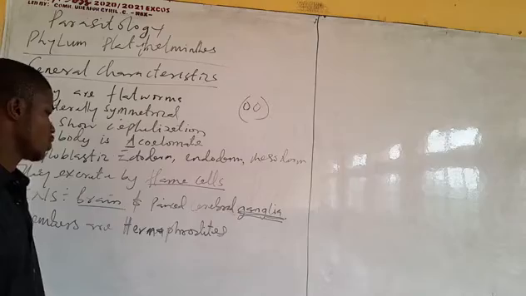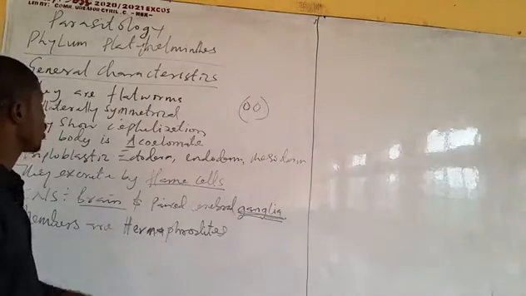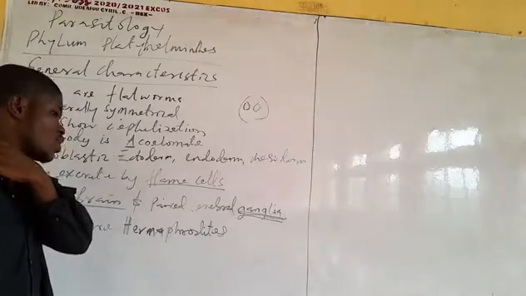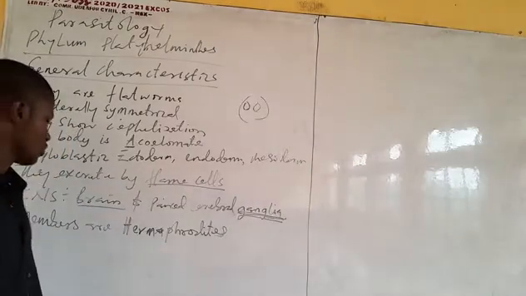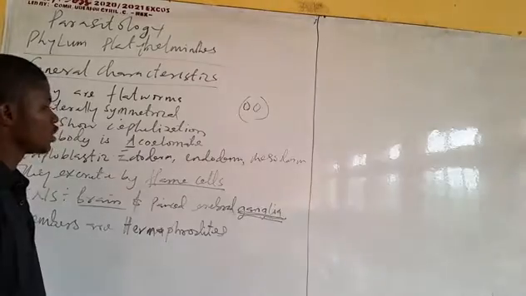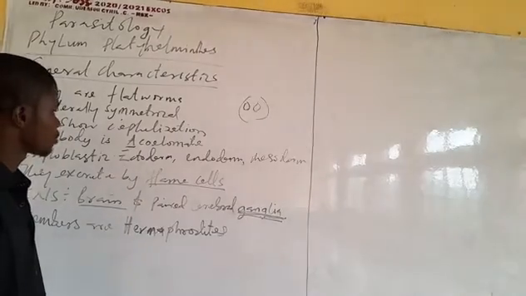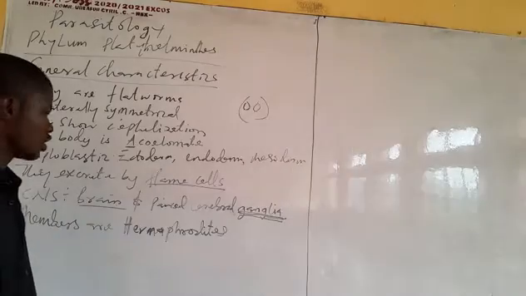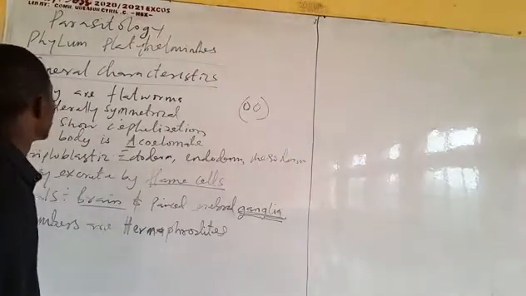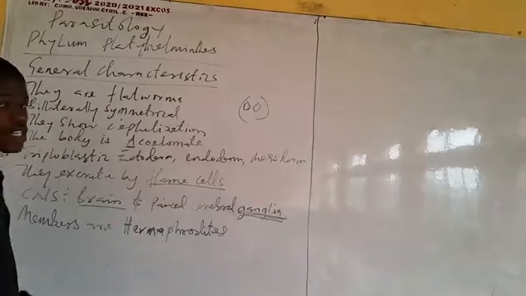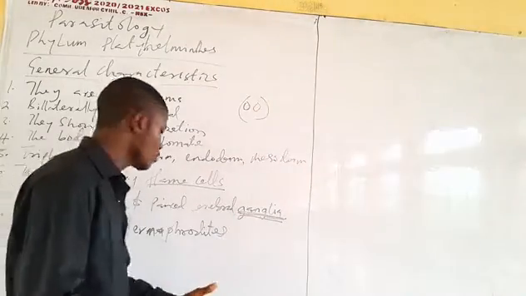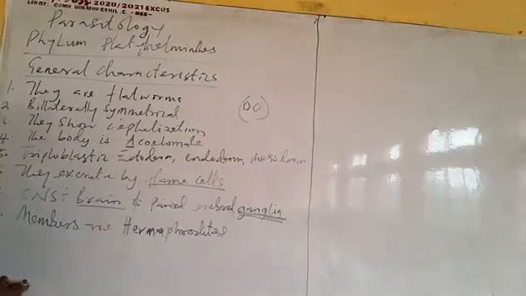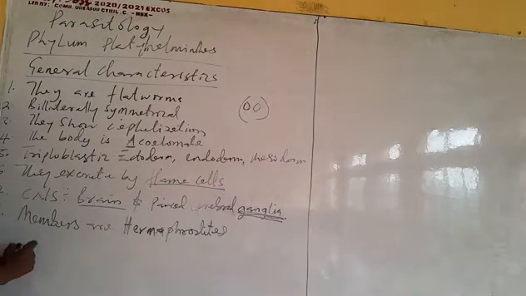Another thing you should know about this phylum is that they have no circulatory system. So I think that is all we need to know about the general characteristics of phylum Platyhelminthes. Now we'll look at the classification of this phylum.